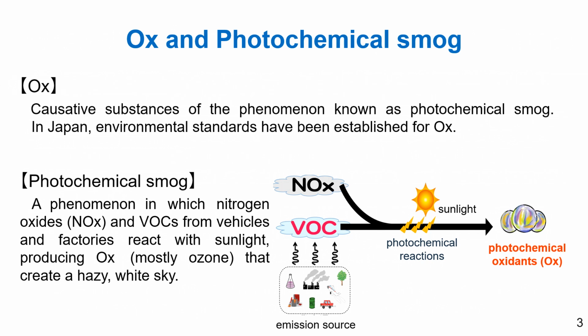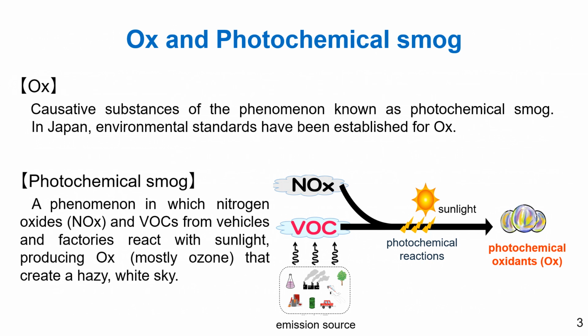Photochemical oxidants are the causative substances of the phenomenon known as photochemical smoke. In Japan, environmental standards have been established for photochemical oxidants. Since most of the oxidants consist of ozone, you can consider them synonymous with ozone from this point onward.